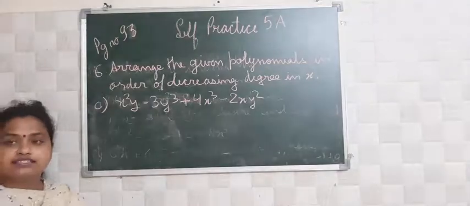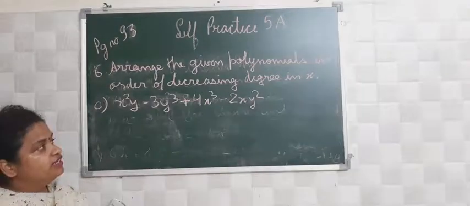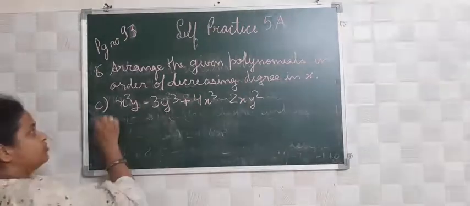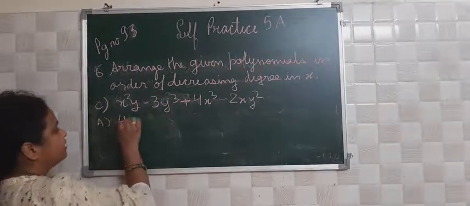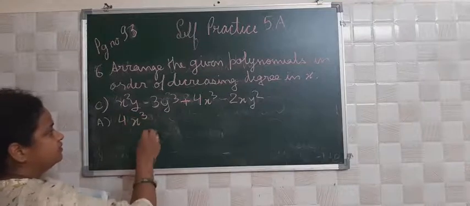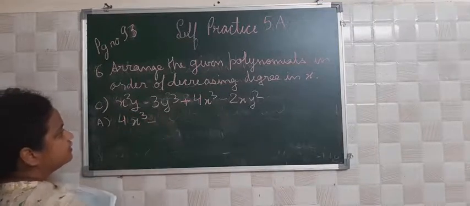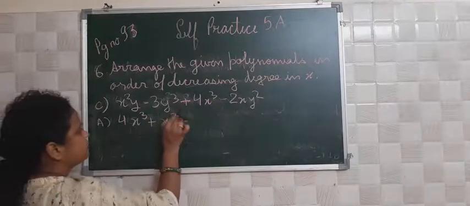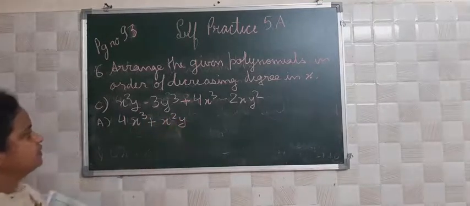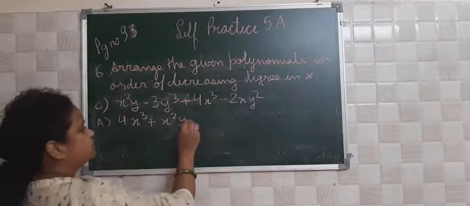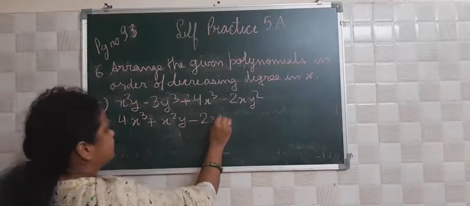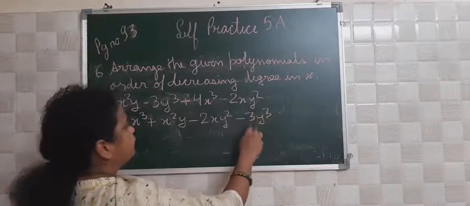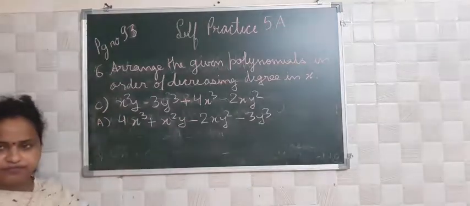We have to write in decreasing order of x. So here where is the maximum power of x? In the third term. So first what will come? Third term 4x cube. Then plus x square y. Then last, fourth term minus 2xy square. And at last minus 3y cube, where there is no degree of x.